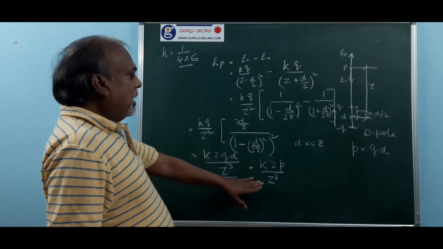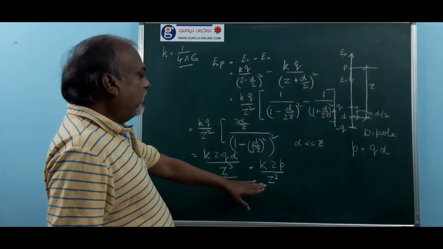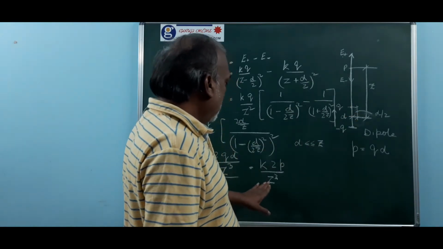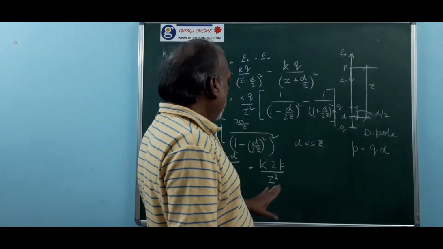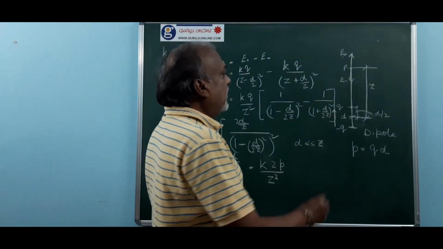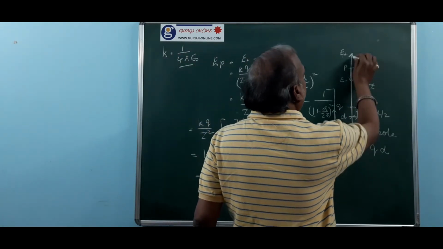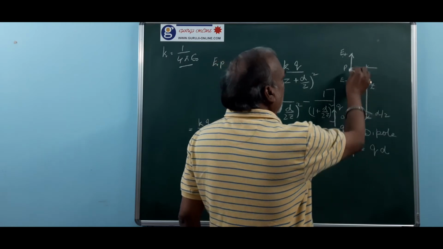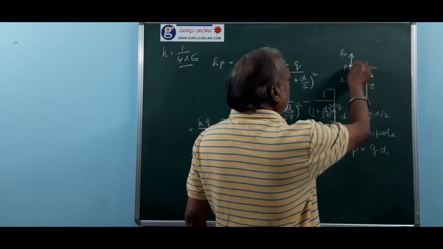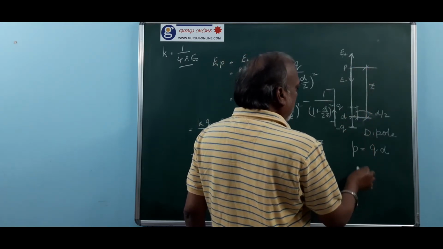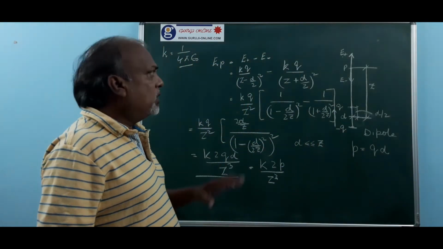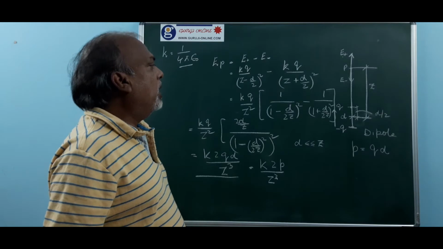So this is basically the dipole electric field at P due to this dipole. Means it is at the axis of this at a distance of z. P can be here also, and it can be here also. The only thing is you have to take the appropriate signs while deriving the formula.